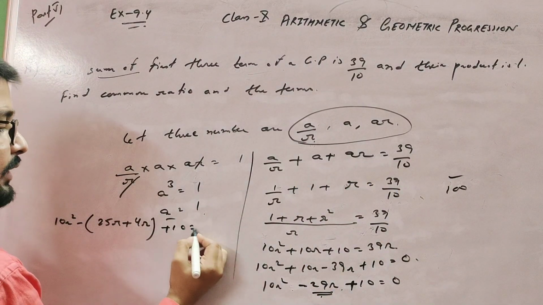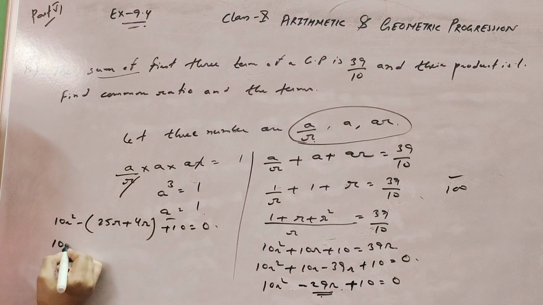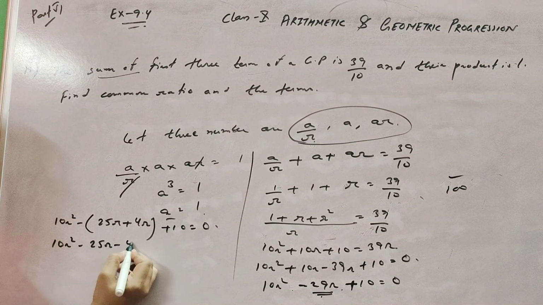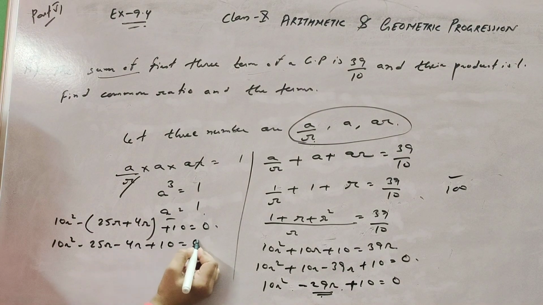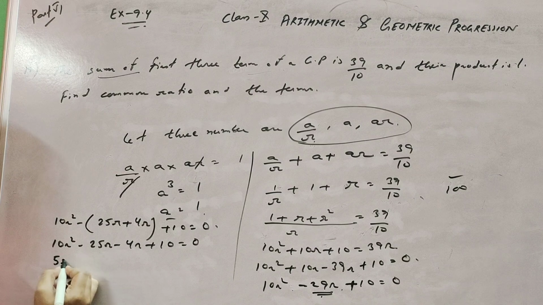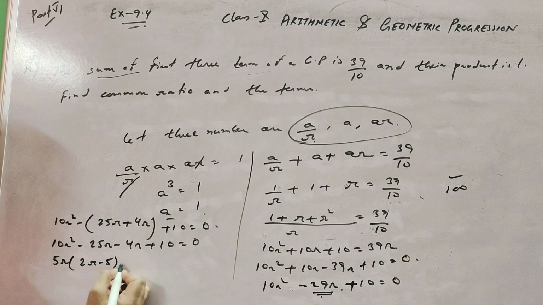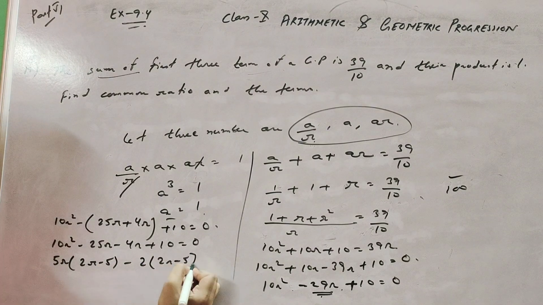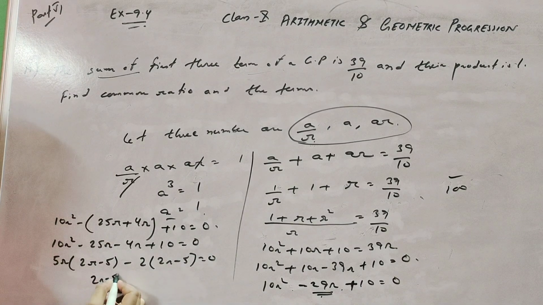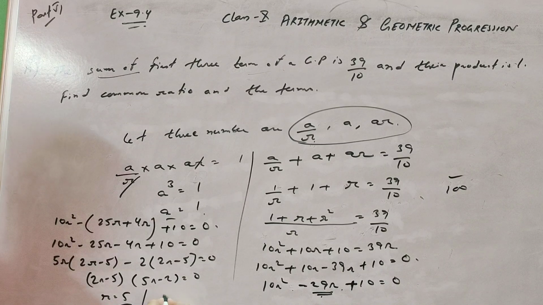This is the process of middle term. Okay, so 10R square minus 25R minus 4R plus 10 equals 0. So taking 5R common, that is 2R minus 5, 2R minus 5 equals 0. So 2R minus 5 and 5R minus 2 equals 0. So R equals 5 by 2, or R equals 2 by 5.